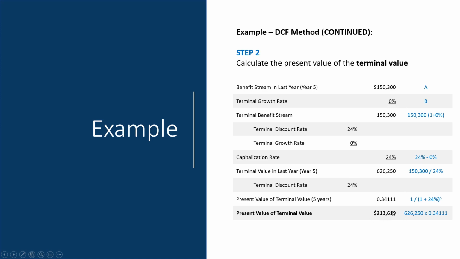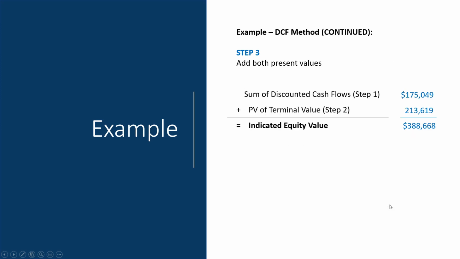Again, what is this amount? This is all the future years beyond year 5 that the company will generate. Discounting back that amount, the $626,250 that you're going to earn for all future benefits, discounting back to today is $213,619.